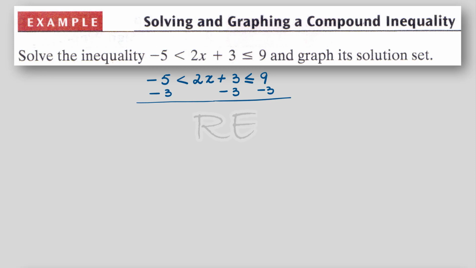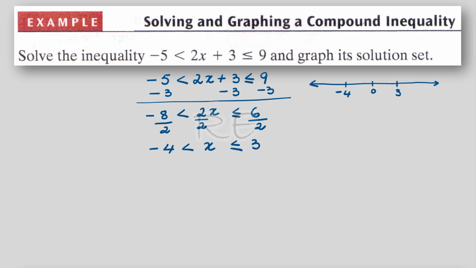Negative 5 minus 3, negative 8, strictly less than 2x, less than or equal to 6. To isolate x, we're going to divide all 3 sides by 2. Negative 8 over 2, negative 4, strictly less than x, less than or equal to 3.